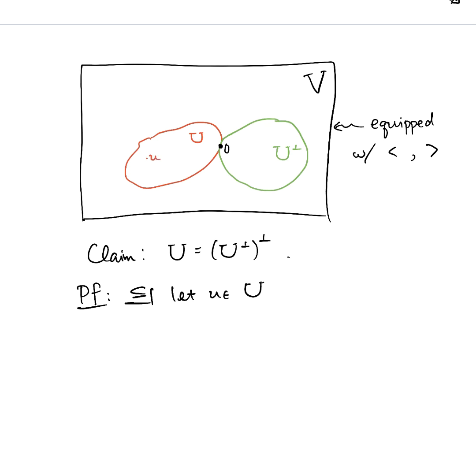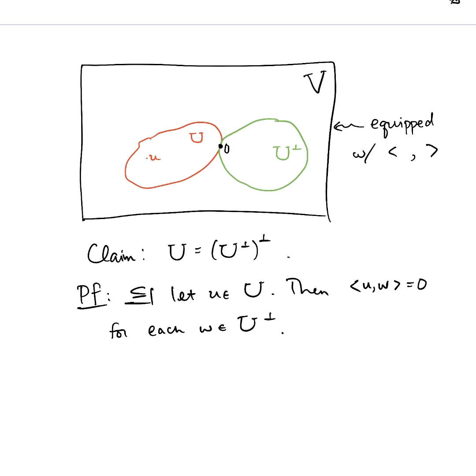There's U. Then the inner product of U with W comes out 0 for each W in U perp. Now let's make sure we believe that.